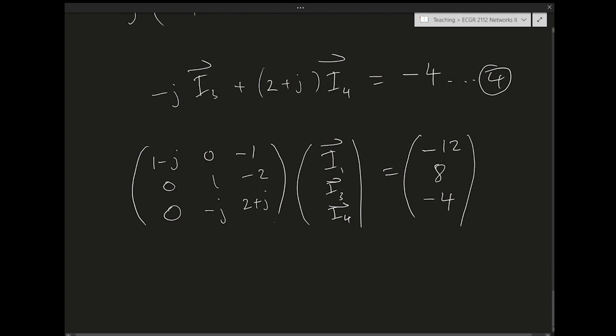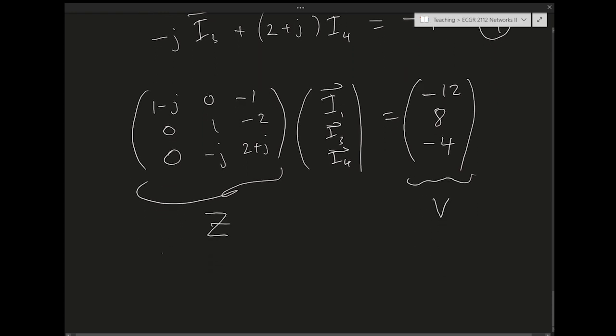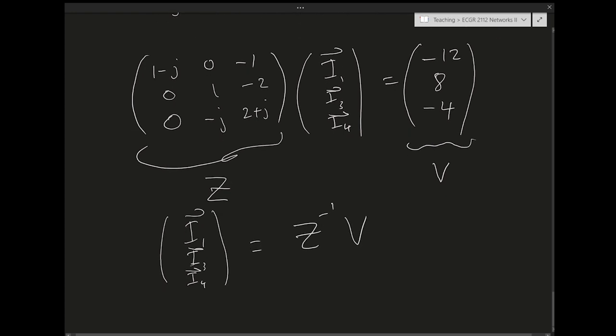This is the equation I need to solve. Let's call this Z matrix, and let's call this V, and we need to just solve for I1, I3, I4, noting that this equals Z inverse V. Let's go to MATLAB and solve this.